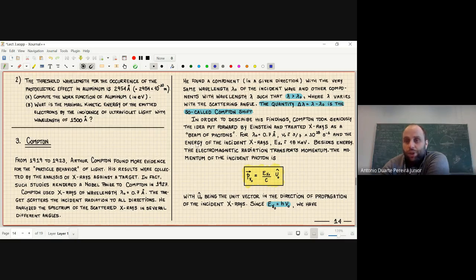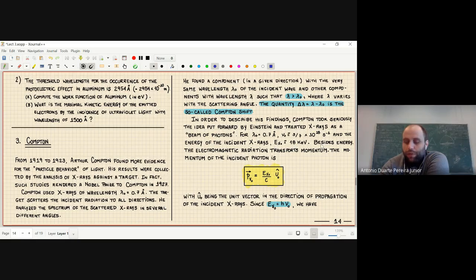And the energy of the incident X-rays, namely the energy of a photon, is just the product of this frequency with Planck's constant. And this gives you approximately 18 kilo electron volts.